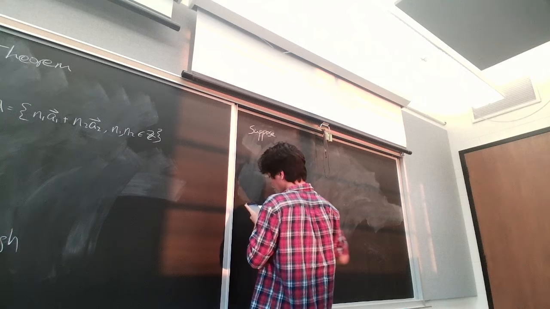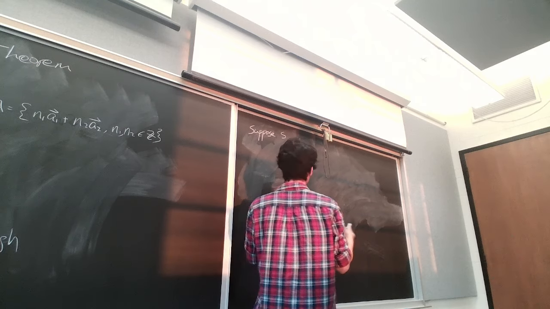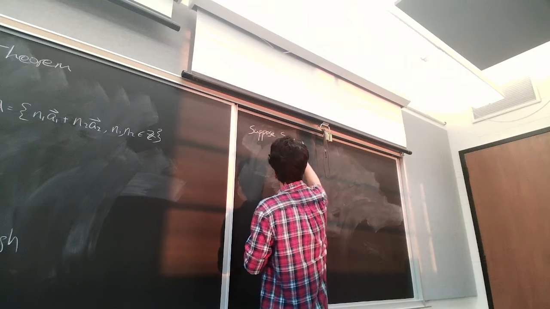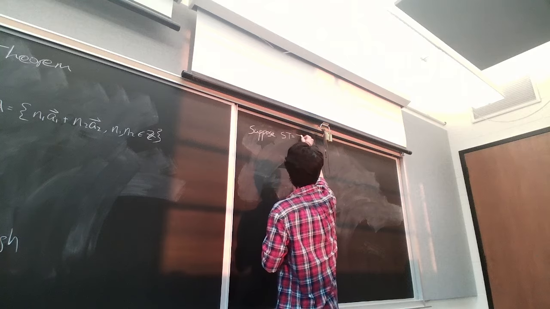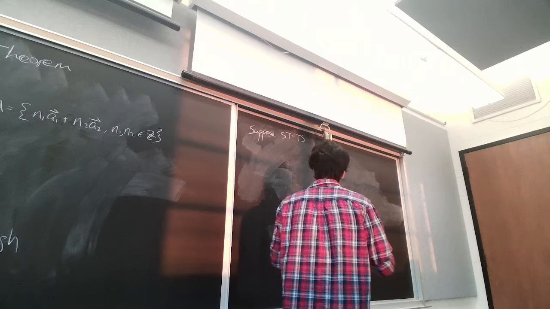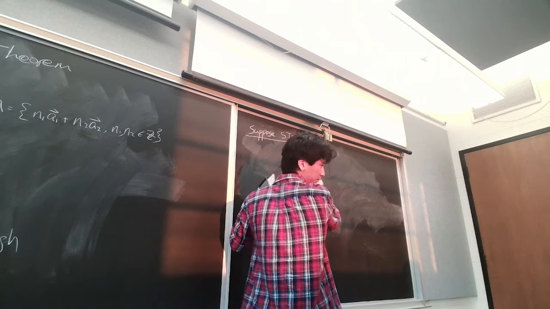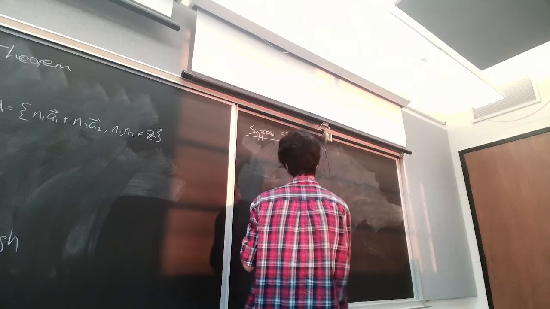Anyways. Suppose that S and T are operators on V and that they commute. This is going to be an assumption for the rest of our discussion.